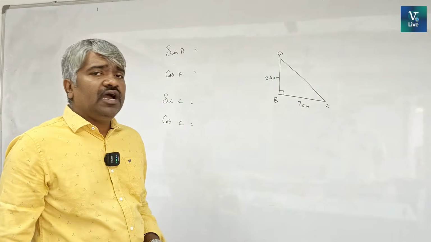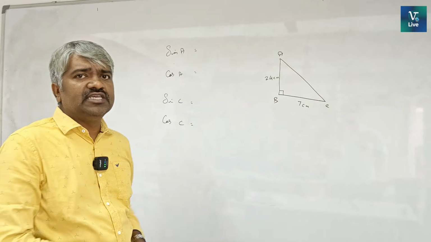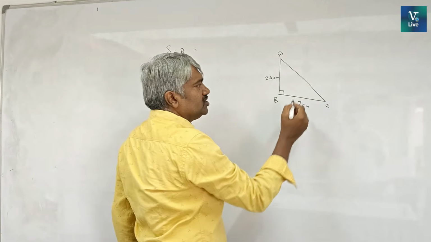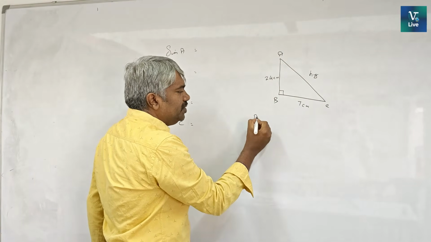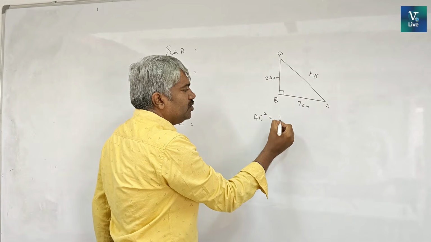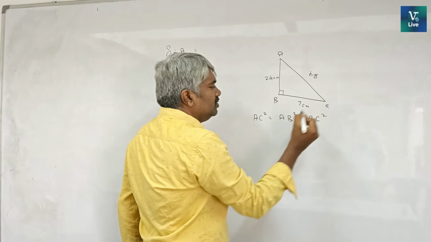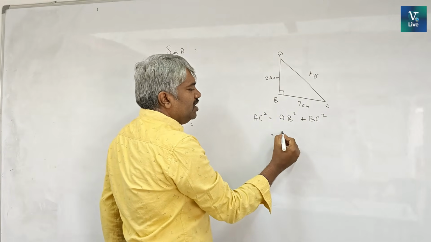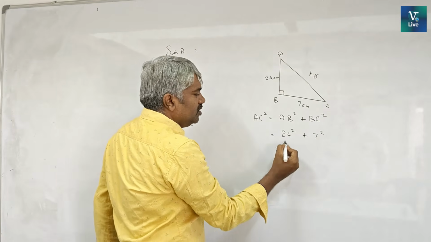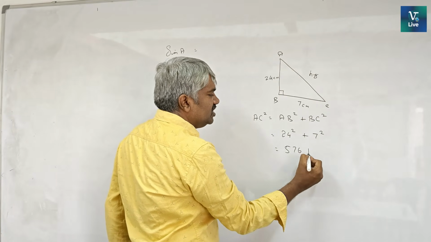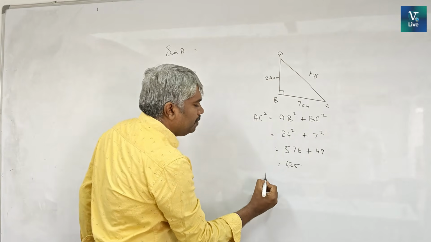In this data, we are given the opposite side and adjacent side. You need to find the hypotenuse, where the hypotenuse is the side AC. So using Pythagoras theorem, AC square equals AB square plus BC square, whereas AB equals 24 square, BC is 7 square, right, which is 576 plus 49, which is 625.